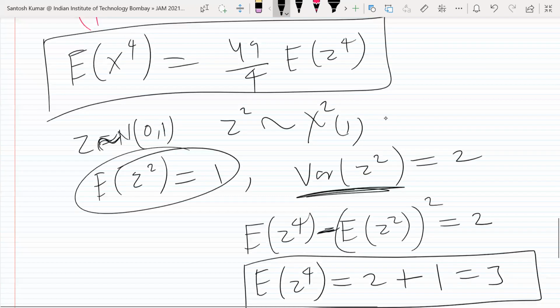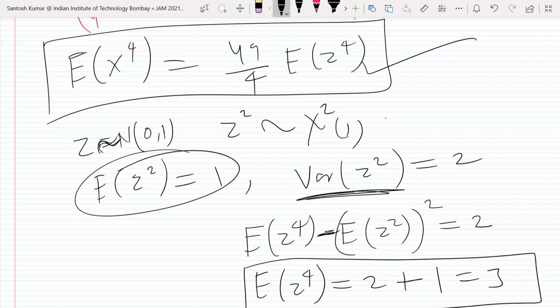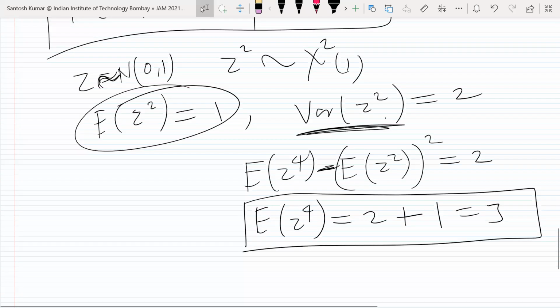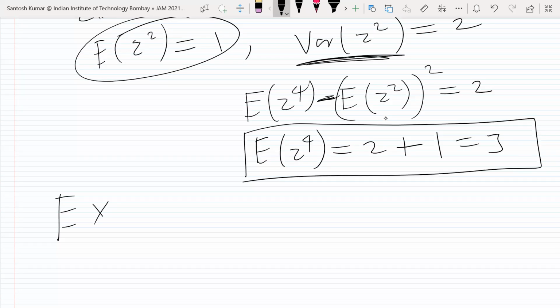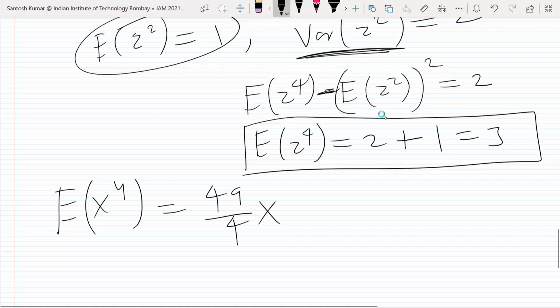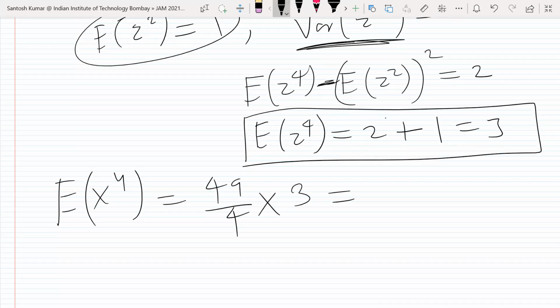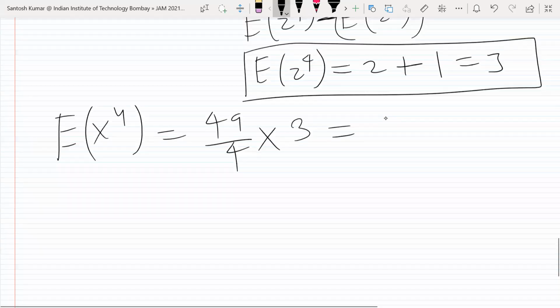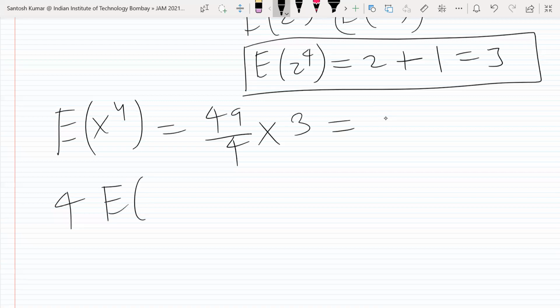So from here I will get E x4 now. E x4 I have 9 by 4 into 3. But they ask for 4 times E x4 in the question, so you multiply by 4.